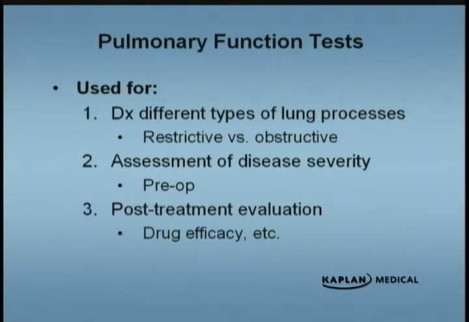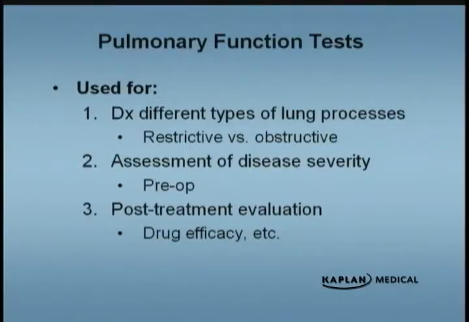The restrictive processes, like for example idiopathic pulmonary fibrosis, the pneumoconiosis, the occupational lung diseases like silicosis and asbestosis, and another 150, 200 diseases. All these diseases are called restrictive diseases because they involve the lung parenchyma and they cause restriction of lung volumes.